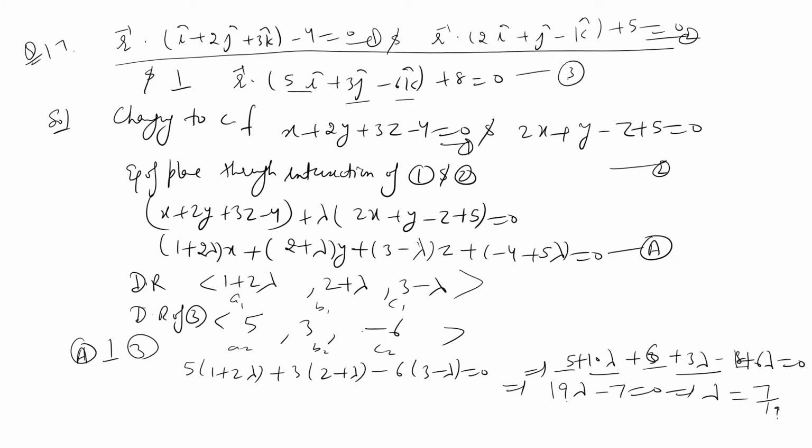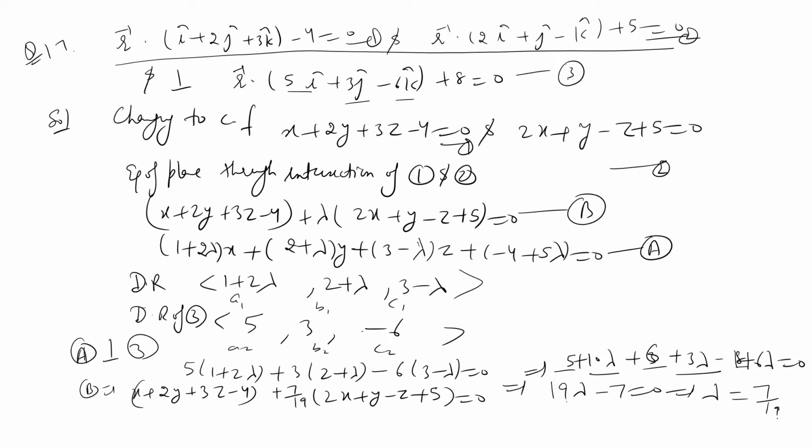So let's put it back in equation number B. So B implies x plus 2y plus 3z minus 4 plus 7 upon 19 times (2x plus y minus z plus 5) equal to 0.